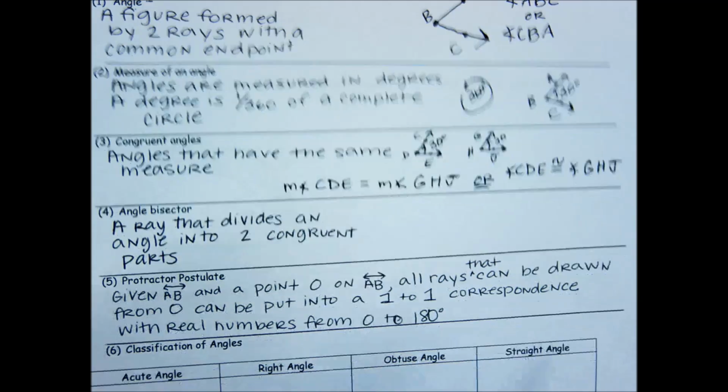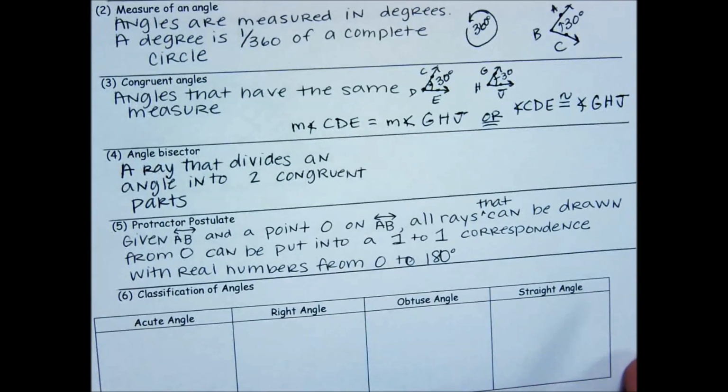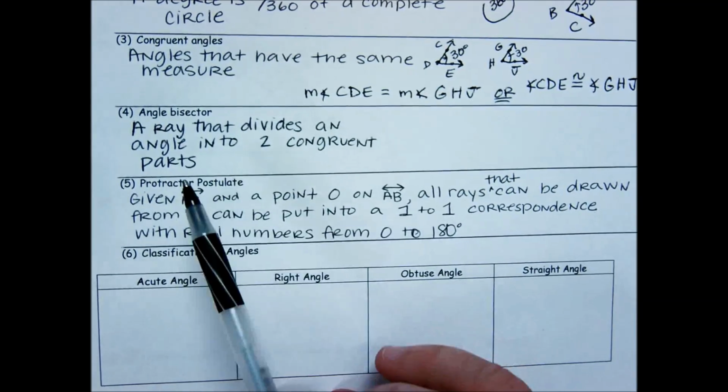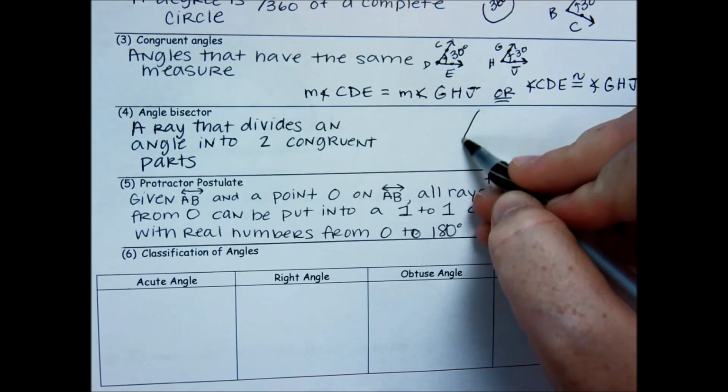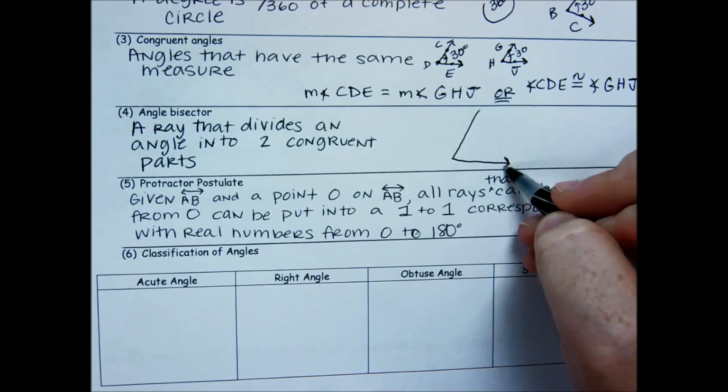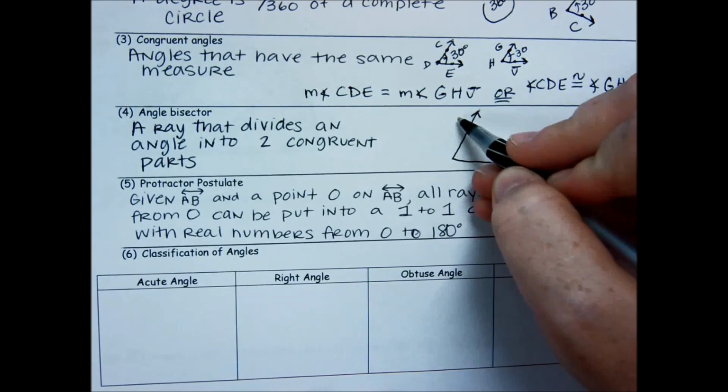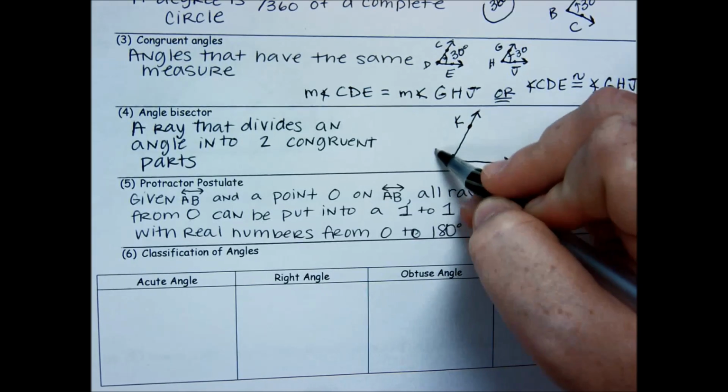The next definition we're going to look at is the angle bisector. An angle bisector is a ray that divides an angle into two congruent parts. So say I have this big angle, KLM.